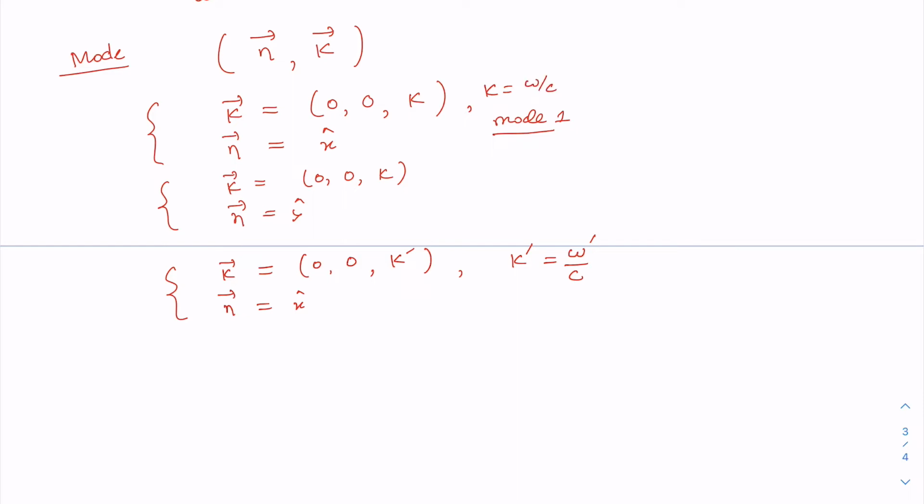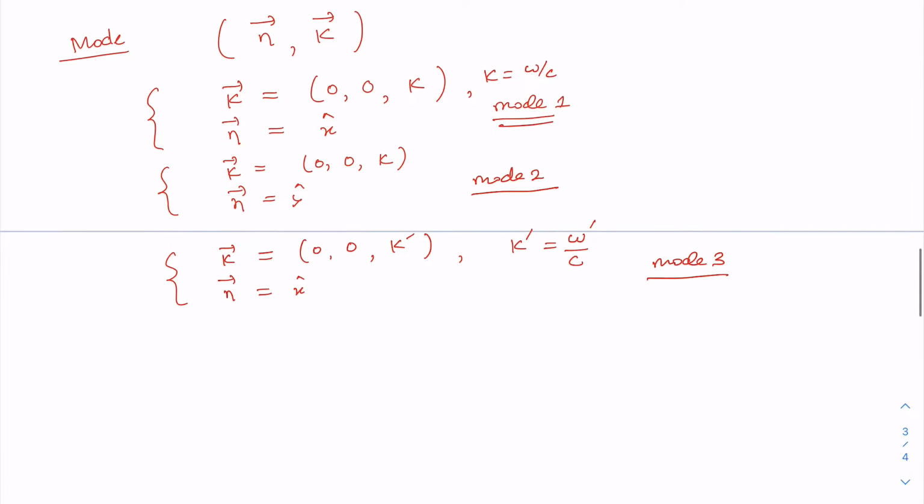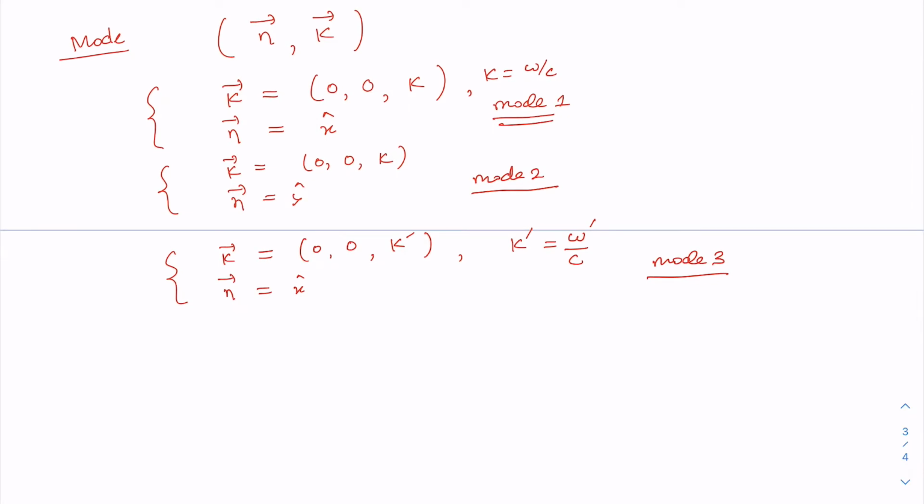Say this is mode 1, this is mode 2, and this would be mode 3, and so on. So we can have an infinite number of modes like this. So I hope the idea of mode is clear to you. So in general, a mode is an elementary oscillating solution of the Maxwell equations, and the mode determines the structure of the field.